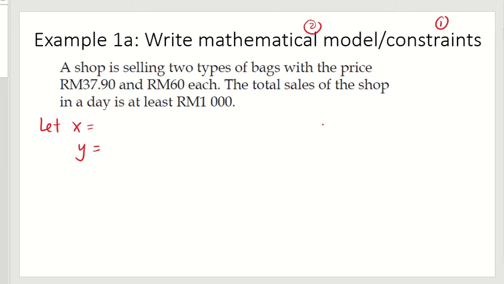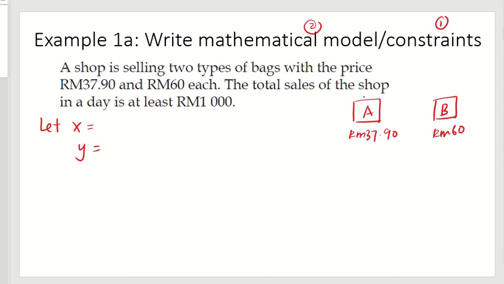So we can make it like this. We have bed A and bed B. Bed A, the price is 37.9. Then bed B is 60 ringgit. Okay, then the total.